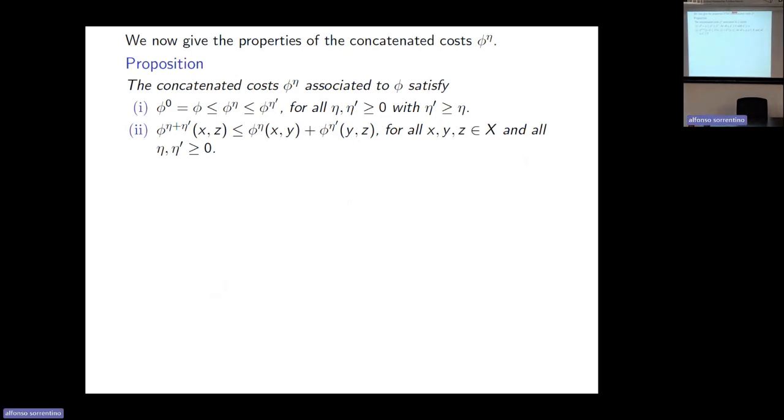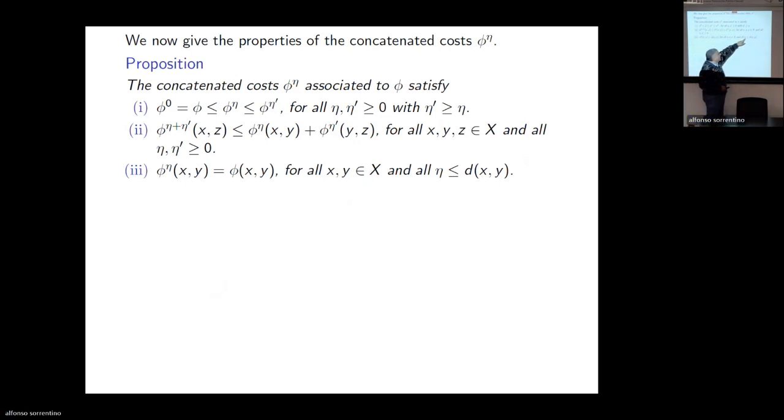This is like a convolution semigroup or something, almost a semigroup because it's less than or equal, but it's of that type. And phi eta of xy is phi of xy for all x, y and all eta such that eta is less than the distance from x to y.